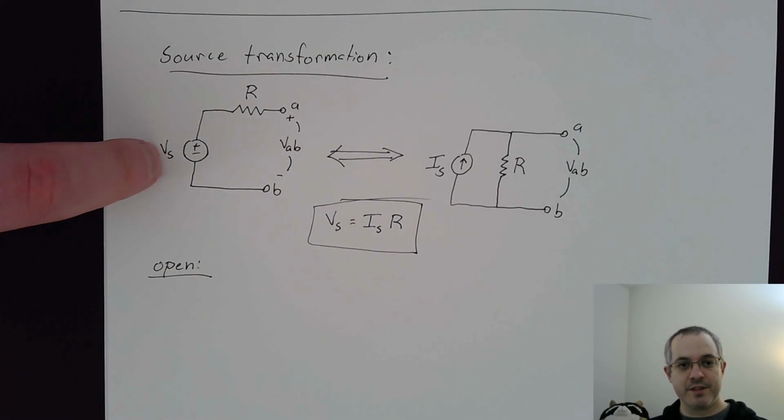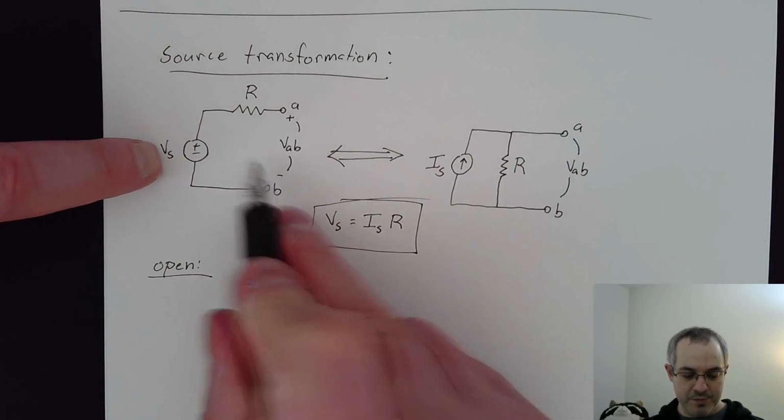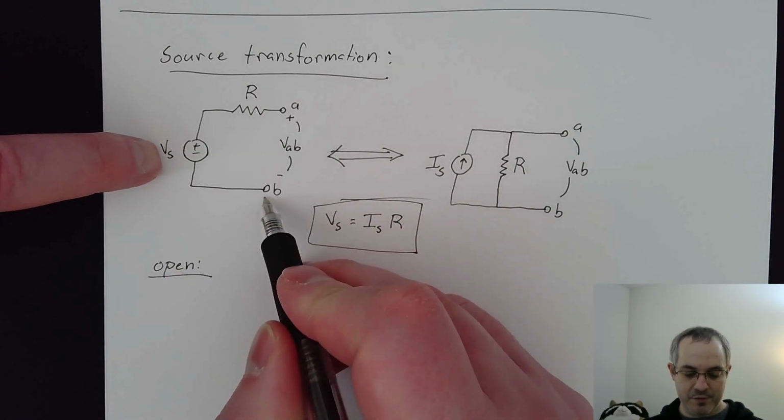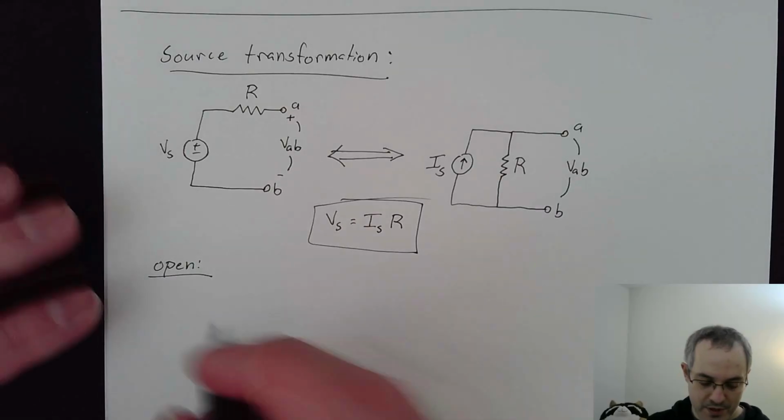When they're open and you're on this side, that means there's no current flowing, which means that the voltage at A relative to B is just Vs, right? We saw that before.